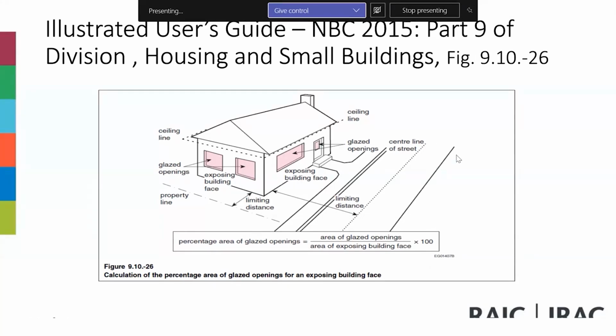For other than houses, for other types of buildings, if the door is not fire protection rated, the whole door counts. But for houses, it's only glazed openings, and of course the openings themselves. That's how you look at it in terms of maximum permitted glazed openings.